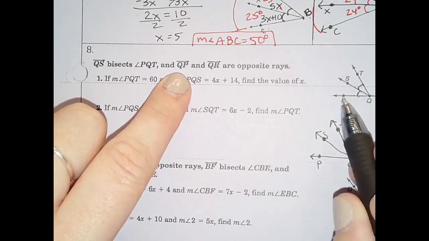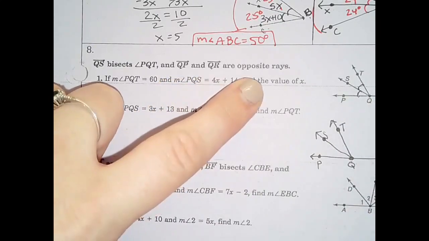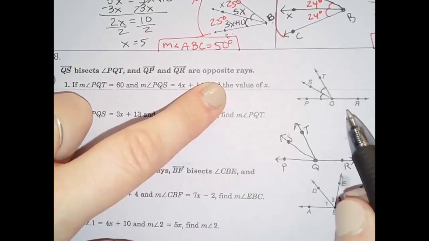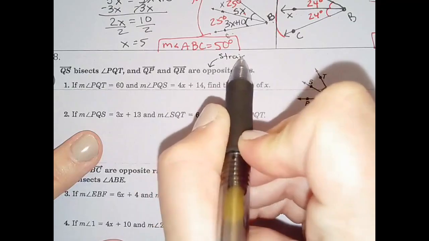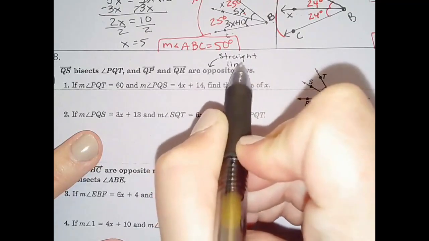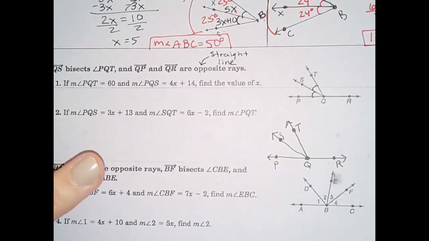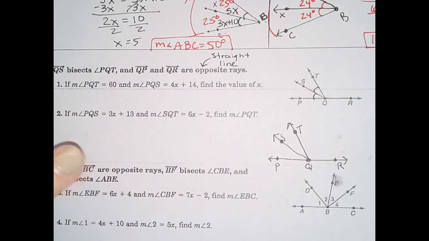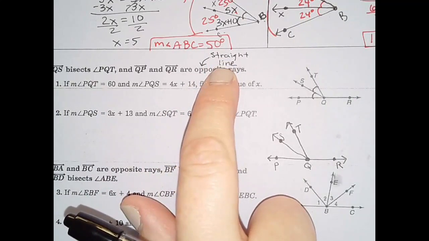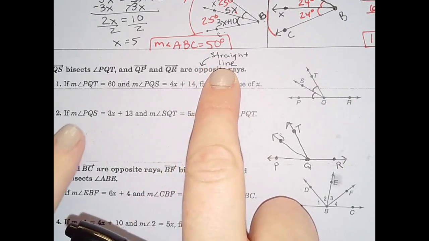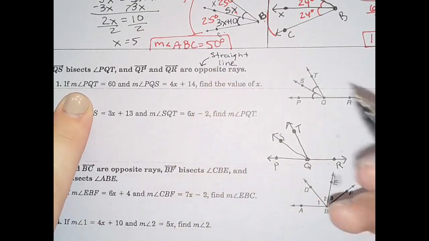So right here, write this: opposite rays means they form a straight line. Just add that little note in for yourself. If the measurement of angle PQT, so this whole thing here, is 60 degrees.